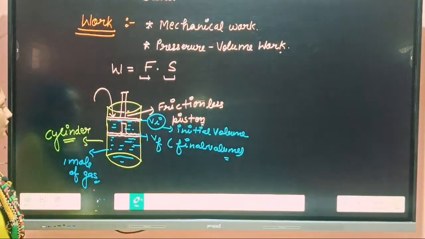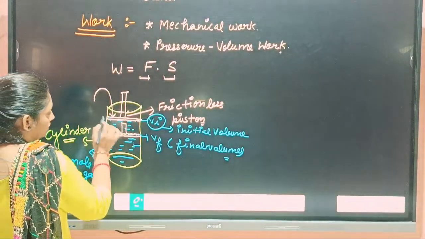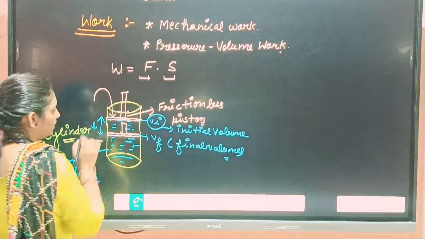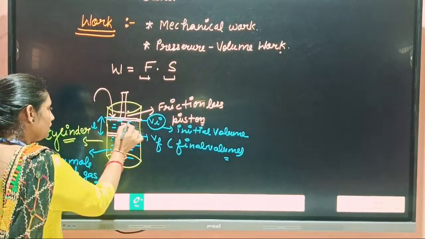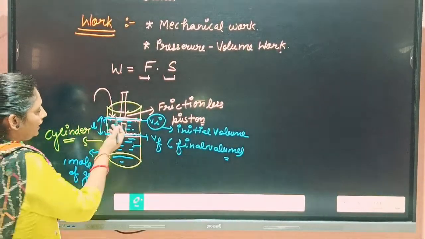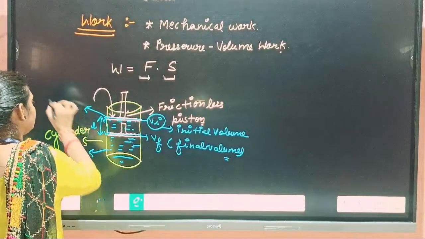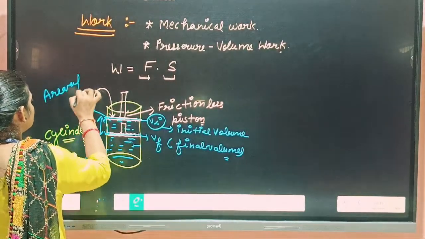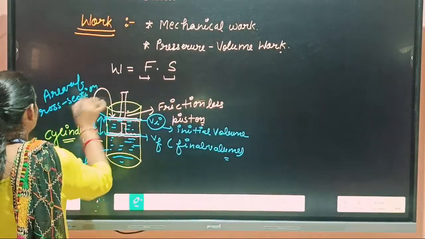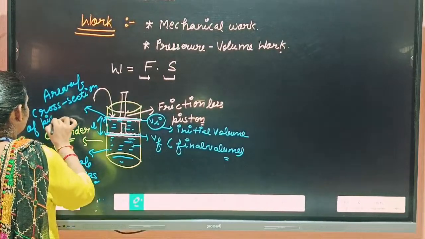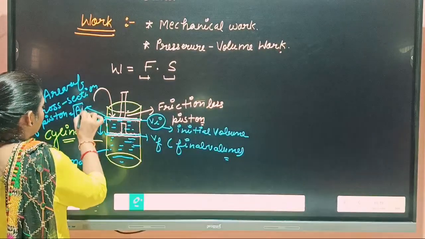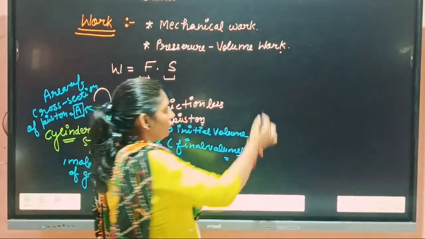Let us consider that this length is L, meaning how much this decrease takes place. And the area of cross section of the piston we have as A. So students, you know very well volume.